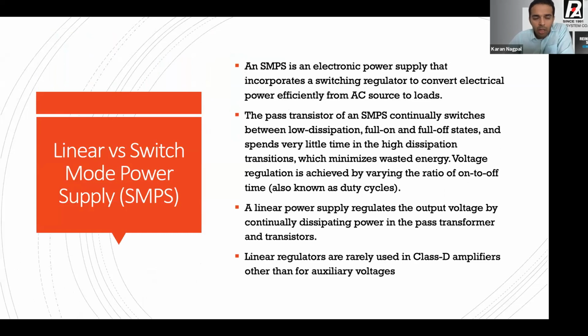So, and again, this is a brief comparison of linear versus switch mode power supply. जो आपका power supply है, transformer use करेंगे या digital, it's just comparing both of them. So, जो आपका SMPS पावर सप्लाई है, ये वापस एक स्विचिंग रेगुलेटर यूज करता है आपका पावर अपने AC मेन से अपने लोड को सप्लाई करने के लिए. It's using again a switching regulator to convert all your electrical power efficiently from AC source to mains.